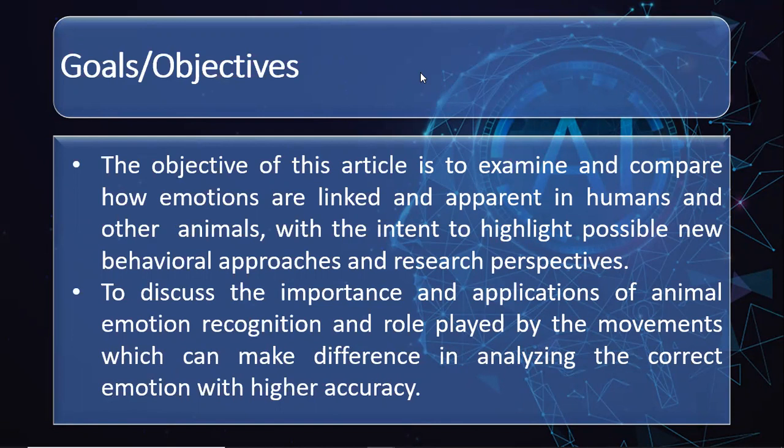It also discusses the importance and applications of animal emotion recognition and the role played by movements, which can make a difference in analyzing the correct emotion with higher accuracy.